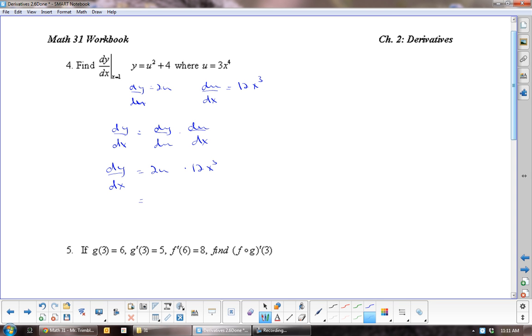So together dy over dx would equal 24u x cubed. Now you look back, what's u? u is 3x to the 4, so 24 times 3x to the 4 times x cubed.